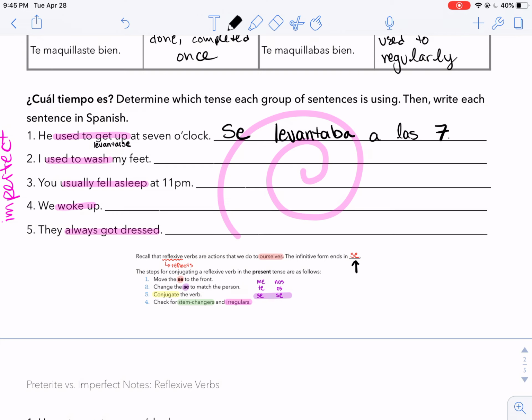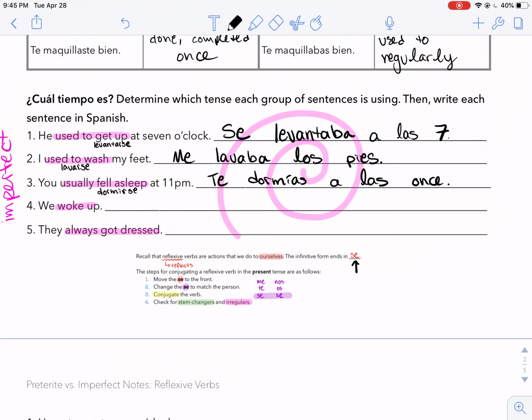I used to wash my feet comes from lavarse, which gives us me lavaba los pies. Próximo, you usually fell asleep, dormirse, at 11 p.m. Te dormías a las 11 de la noche, but I ran out of room.